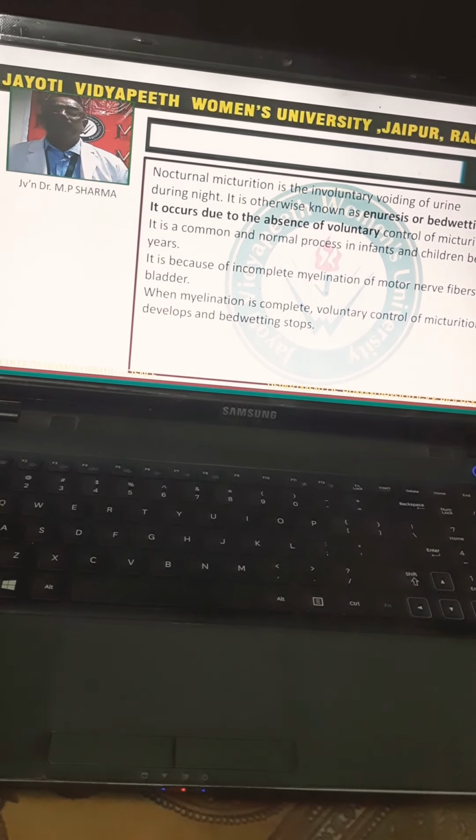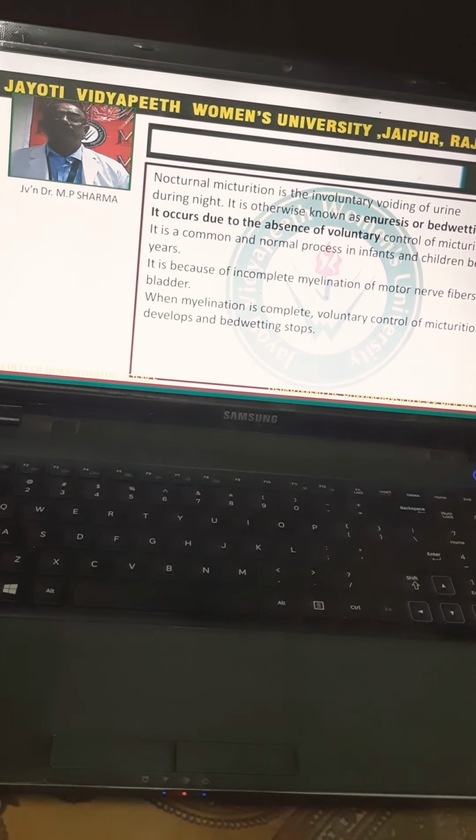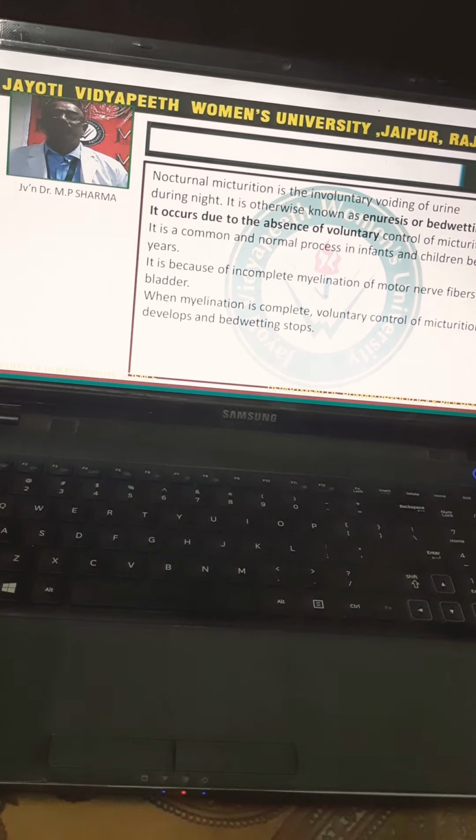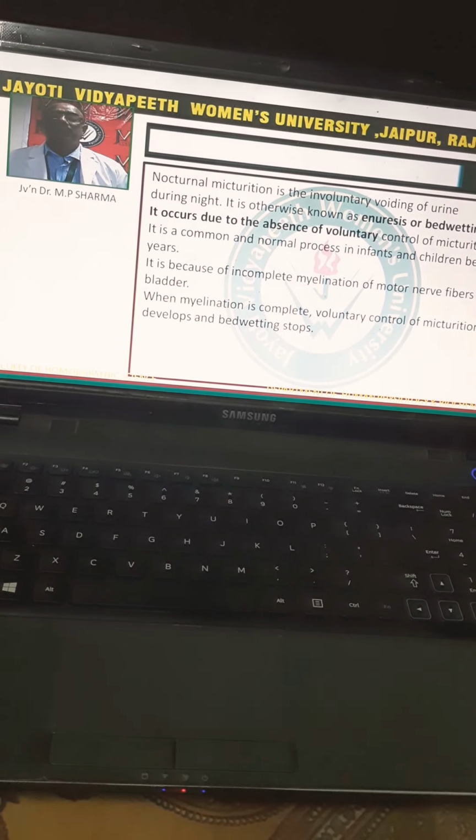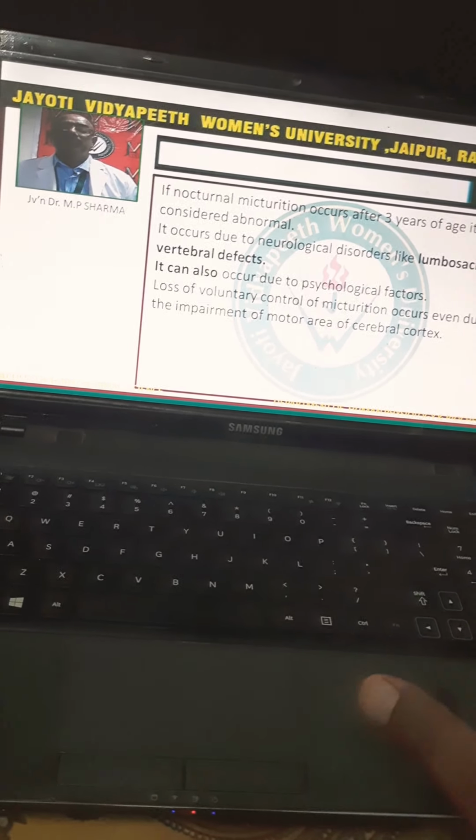When myelination is complete, voluntary control of micturition develops, and the bedwetting stops.